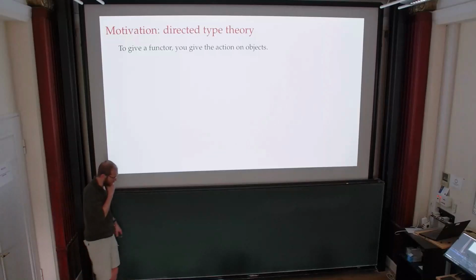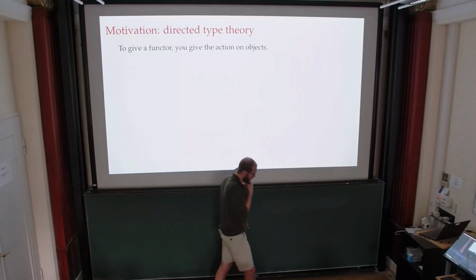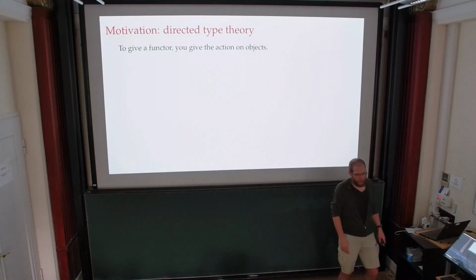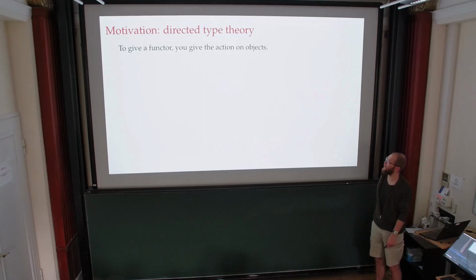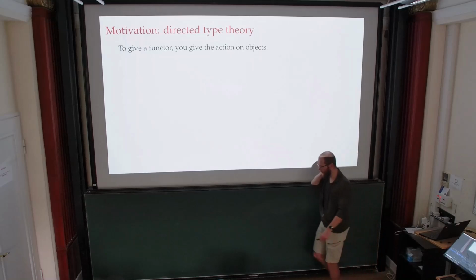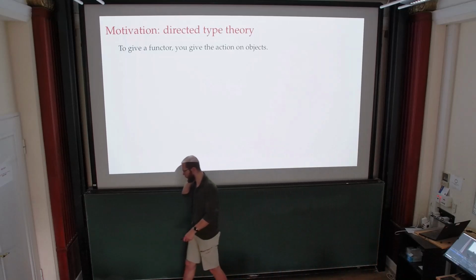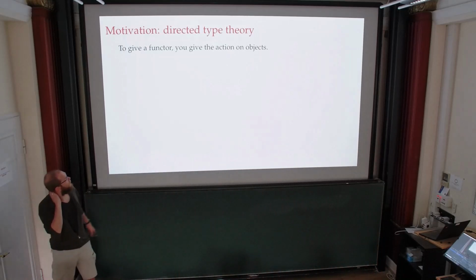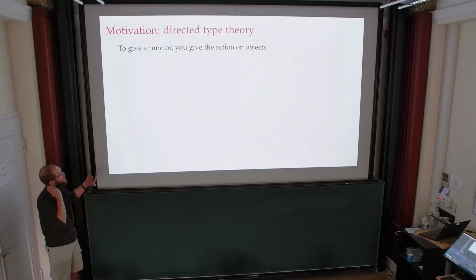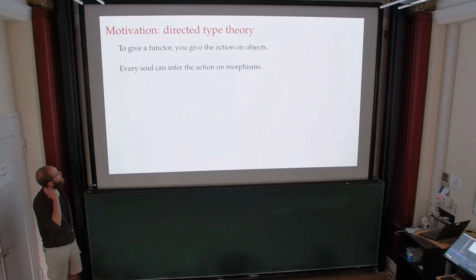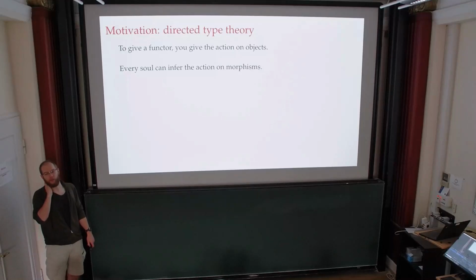then another motivation is coming from maybe directed type theory. So what's the point of directed type theory? Well, in mathematics, to give a functor, you give the action on objects, and every mathematician can infer the action on morphisms, so you just never do that.